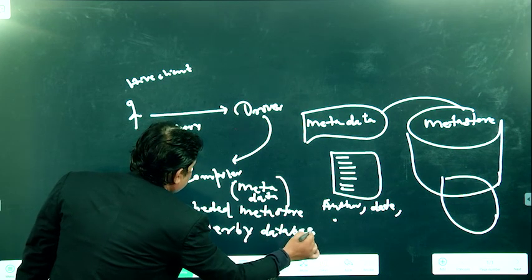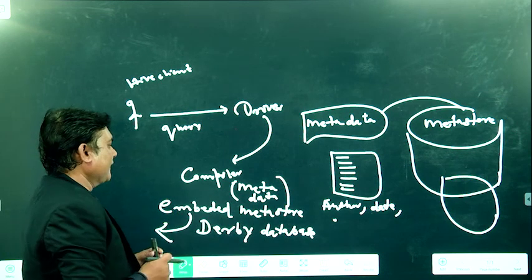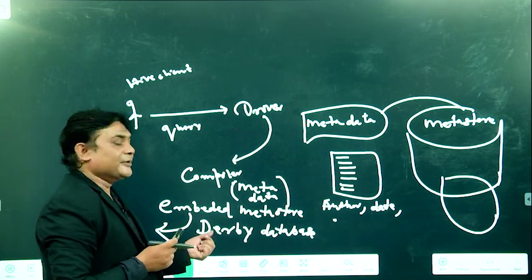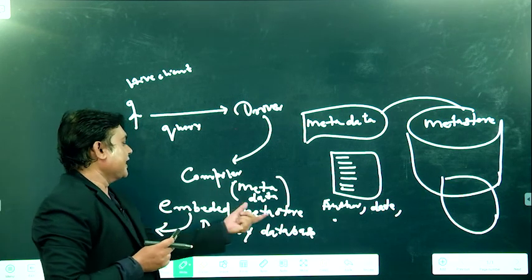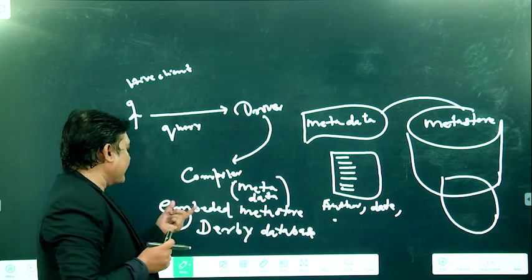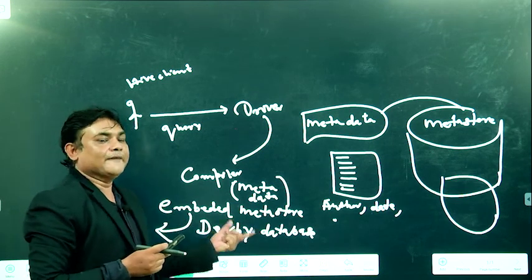This Derby database is going to store your metadata. So the Derby database comes under the embedded metastore. In the embedded metastore, we can find a Derby database which can store the metadata.